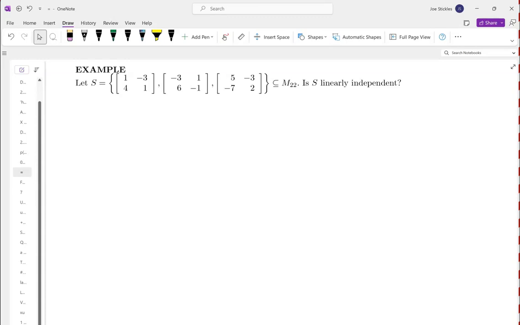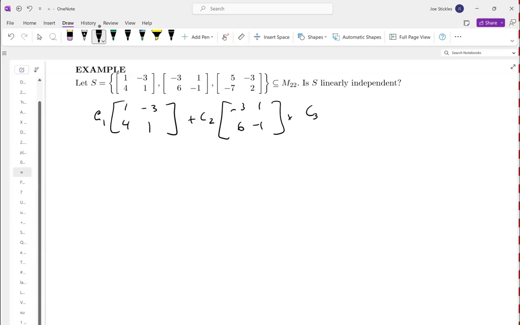We want to look at a linear combination of these matrices that gives us the 0 vector. What is the 0 vector in M sub 22? Good, exactly right. It's the 2x2 matrix of zeros. Fantastic, exactly. It's important to know what your 0 vector looks like if you're going to set it equal to the 0 vector.